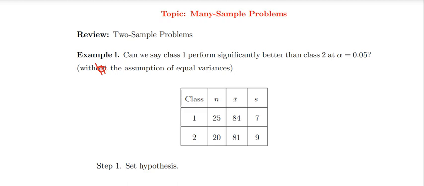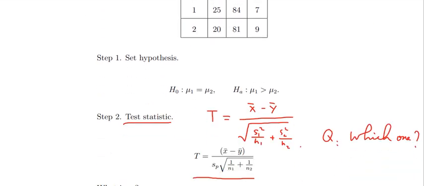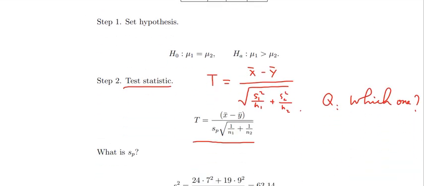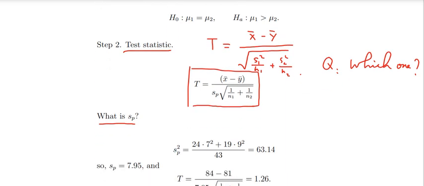If we have this assumption, then we should use this one, right? So we just use this one. Here we need to find this SP. We call SP the pooled standard deviation. Pooled means put them together. So we have a pooled standard deviation and a pooled variance.